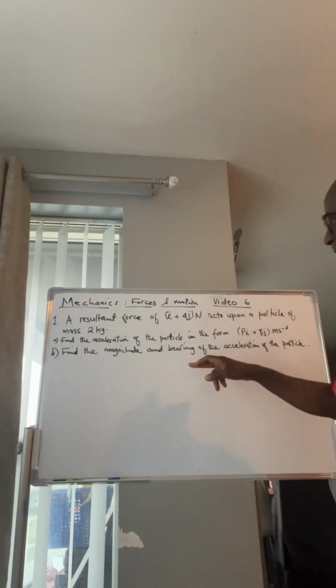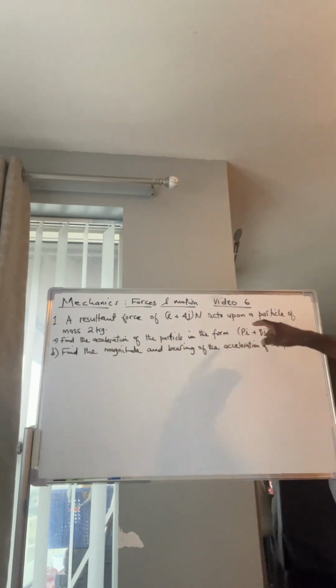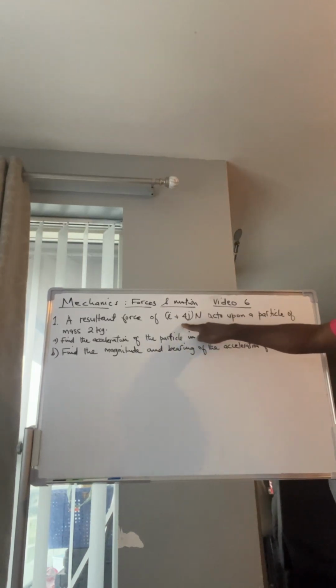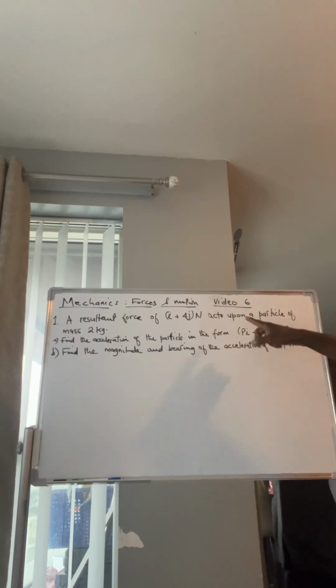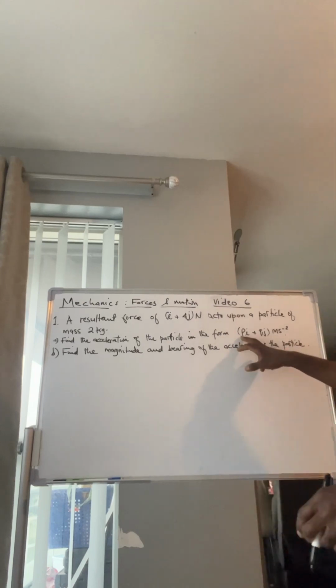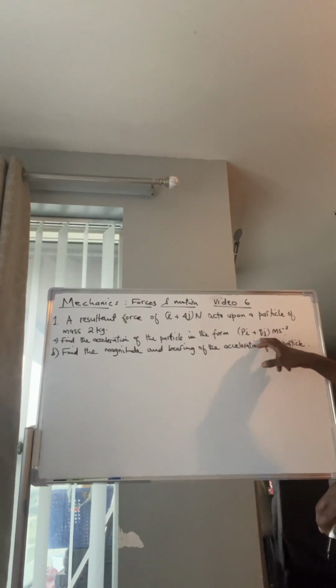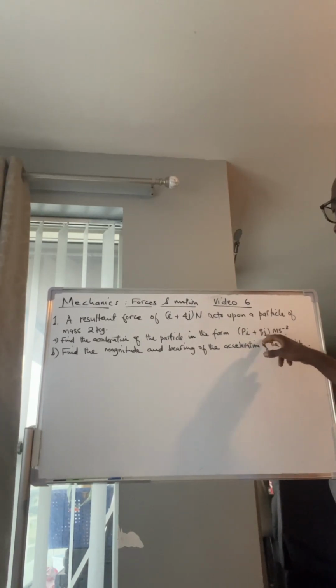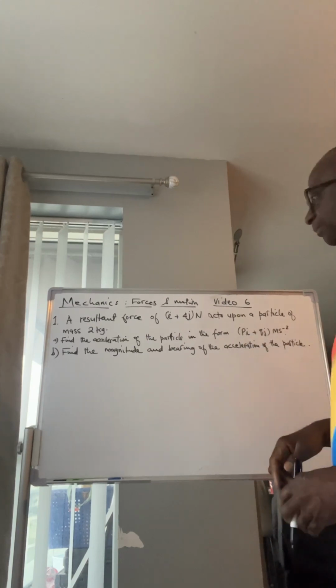They want you to express the acceleration in vector form. This p and q are going to be numbers, and i and j are your vector forms.